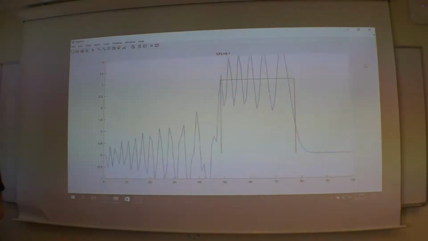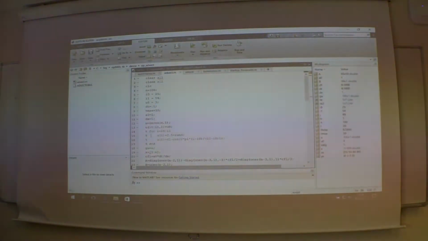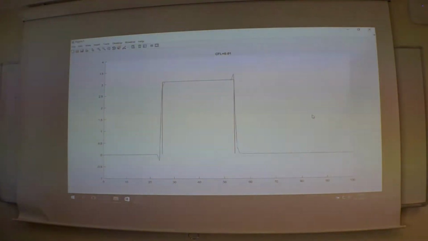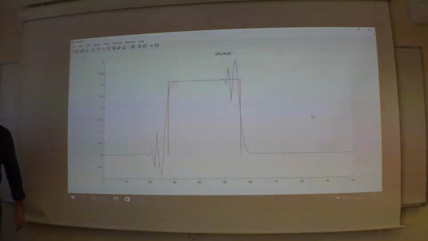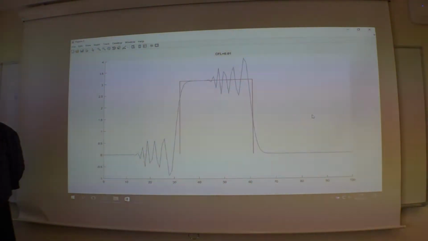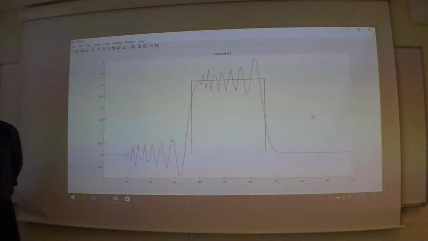It doesn't look good, does it? Clearly unstable. If we try a smaller time step, 0.01, it doesn't help. No matter what you do, this is unstable. So clearly something is dead wrong.